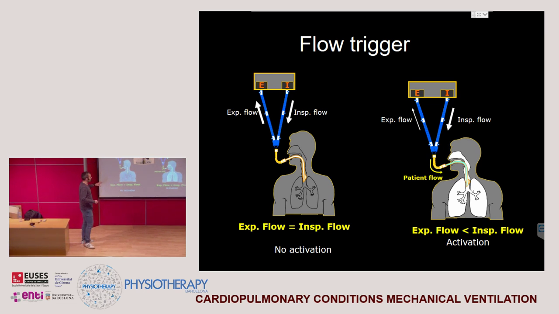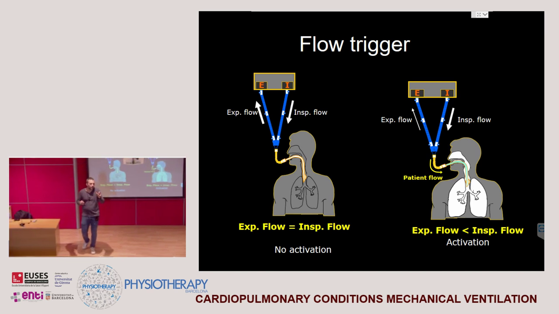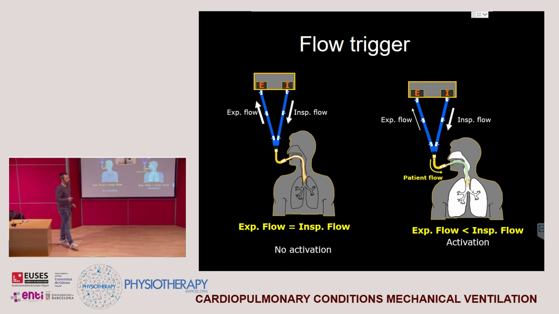If a moment arrives where the inspiration flow is bigger than the expiration flow, it means that the patient has also performed an effort, even if the difference is 10 milliliters. At the same time, the ventilation unit will notice that effort and will deliver a cycle.